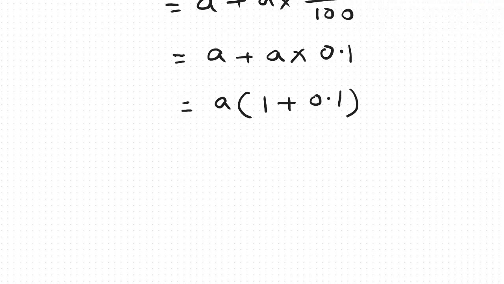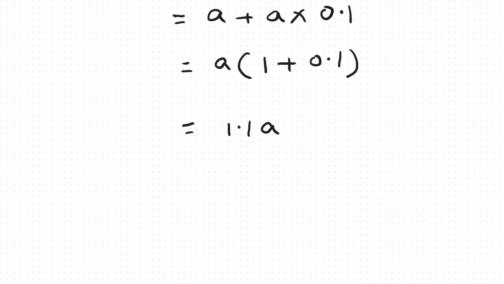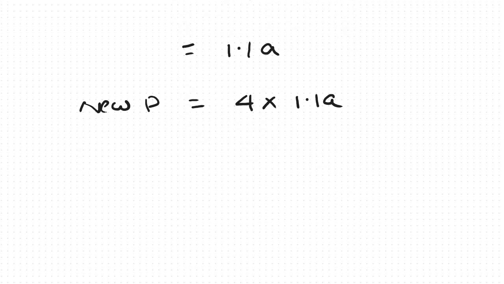From here we can write 1.1a, which is the new side of the square. So the new perimeter, new P, will be 4 times the new side of the square, which is 1.1a. From here we get the new perimeter as 4.4a.